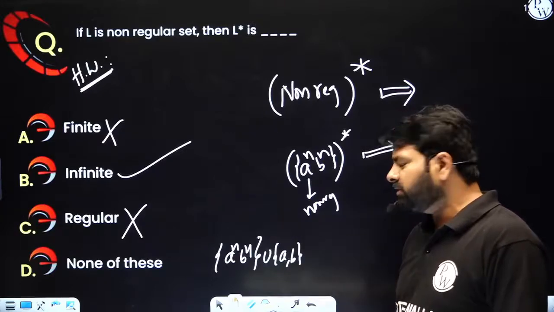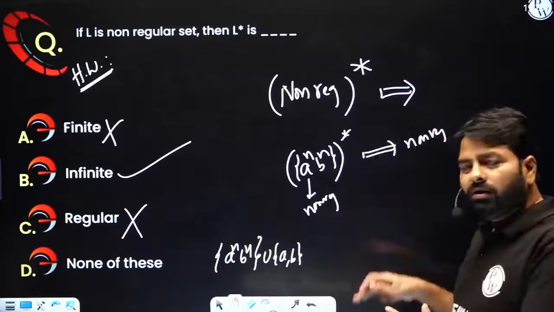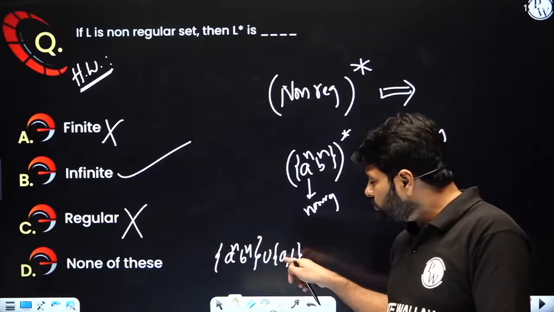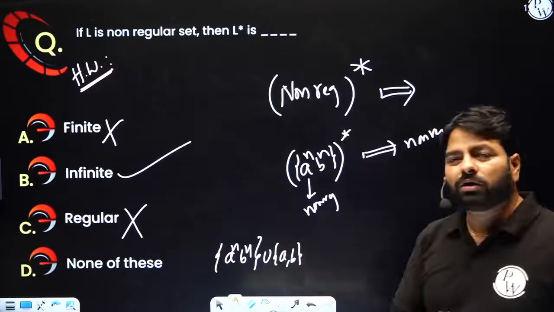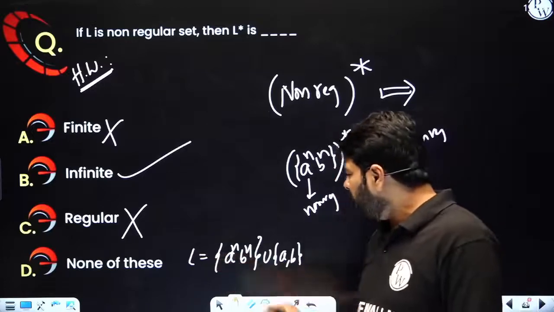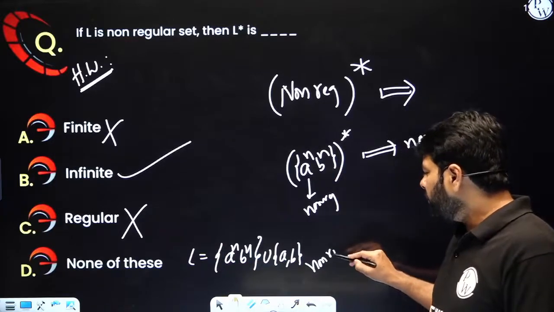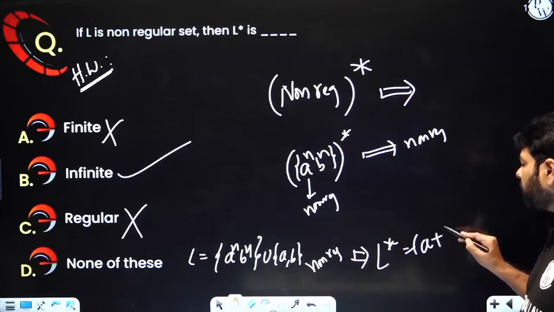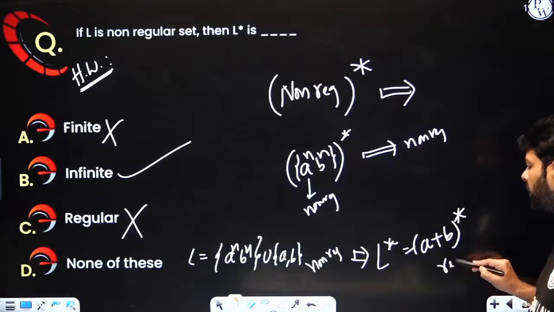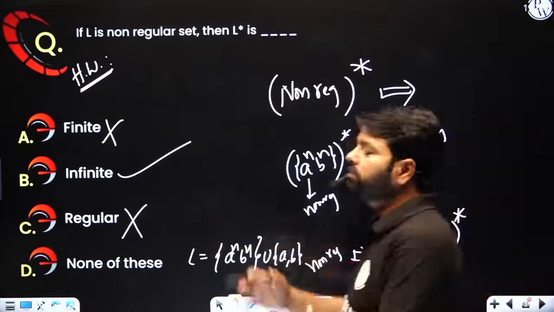If I do this and then take the Kleene closure, because of these two strings, a plus b whole star comes out. So when this is L, and we know it is non-regular, if you do L star, you will get a plus b whole star. But this is regular. That means sometimes regular is possible.